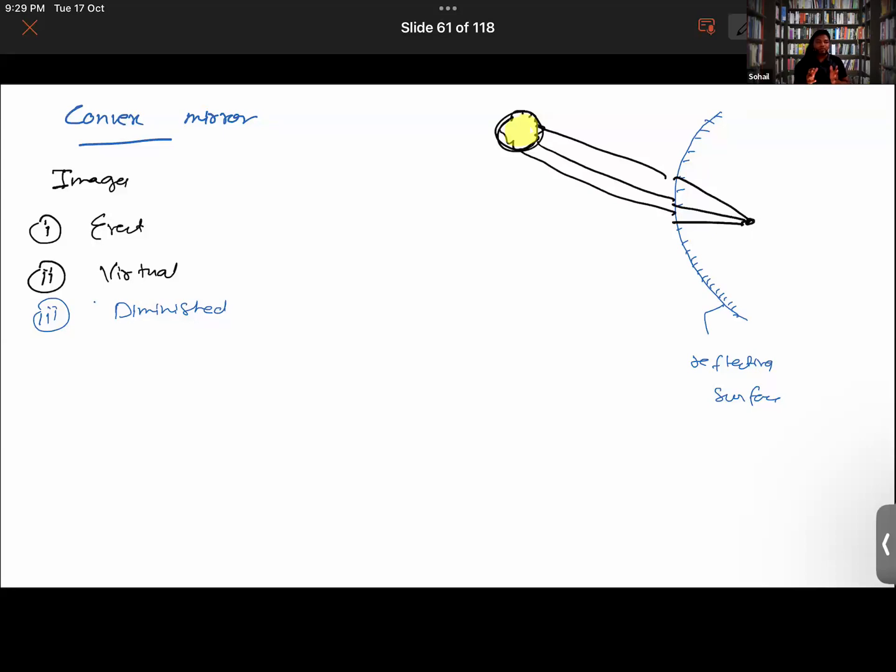So the images formed by convex mirrors are erect, virtual, and diminished, and thereby these are used in vehicles as they give the driver images spread over a large area. Is that clear? Yes, sir. Okay.